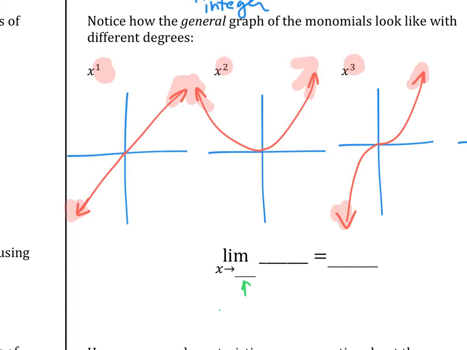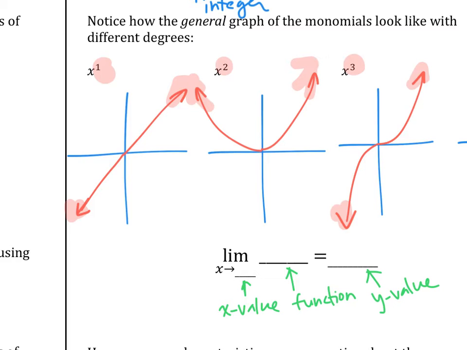This is the x value that it's going to. We're saying, as x is going to this place, and here is where you put the function, the equation. And then you're saying the function is going to here. This is the y value that the function is going to.